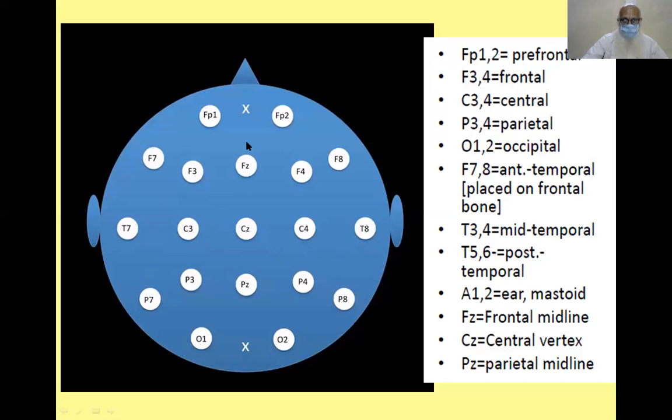One more thing: at the sagittal plane, these electrodes have the suffix Z. So frontal, central: frontal midline, then the central vertex, and the parietal midline, the sagittal line.